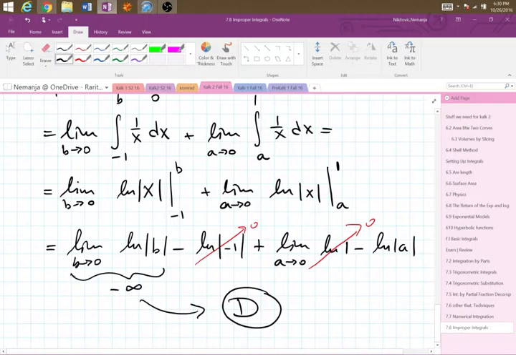If I graph the ln function, this is ln x. If you are going towards 0, you see that this tail end goes down to negative infinity.